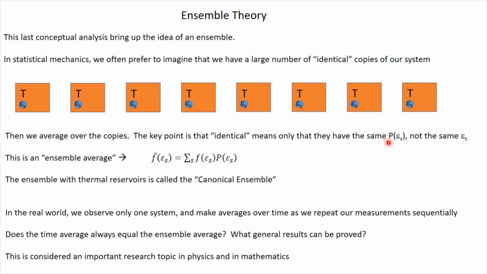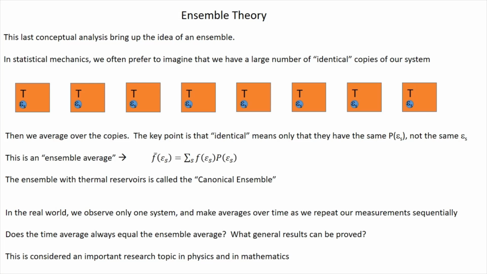They're identical in their statistical properties, their probabilities, not in their actual realized properties. And so we call this quantity that we've already defined an ensemble average, where we're imagining that we've made all these copies. Each one has an E sub s value that correctly describes the P of E sub s function that we know, and so we average over that function.